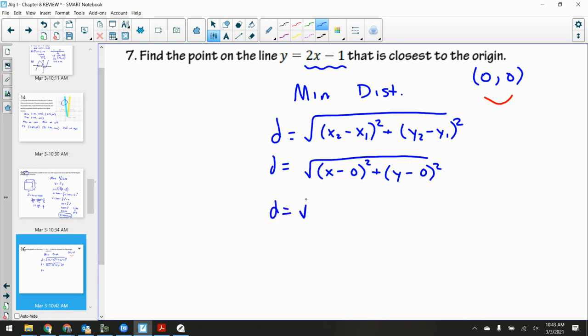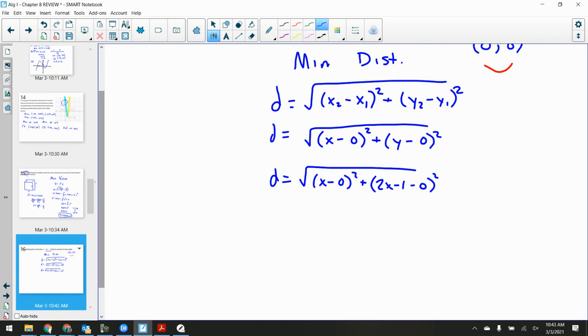So d is equal to the square root of x minus 0 squared plus 2x minus 1 minus 0 squared. And now I can start evaluating. I'm going to get this pesky square root over to the other side. D squared is equal to x squared, plus 2x minus 1 squared. So let's FOIL that out.